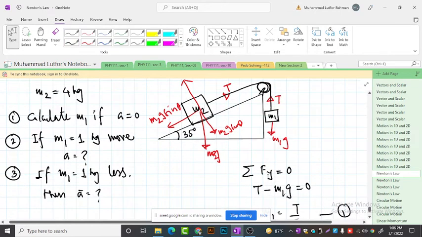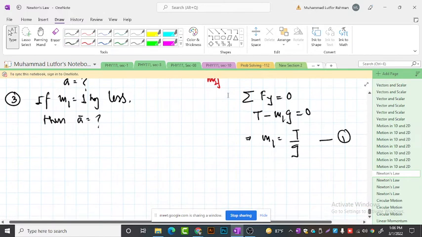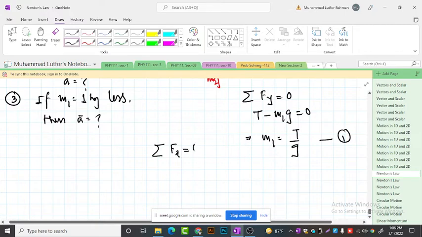Now for block M2, say I consider this as my positive direction. For this one, the net force along the x direction for this case would also be 0, since we are considering the acceleration of the total system is 0 for case 1, right?